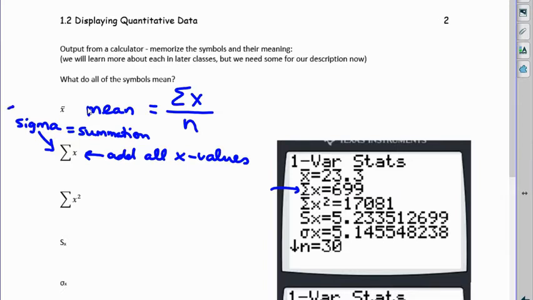This is a capital sigma, by the way. All right, next one, sigma x squared. They squared each x value, then added these squares, found the sum of the squared values.